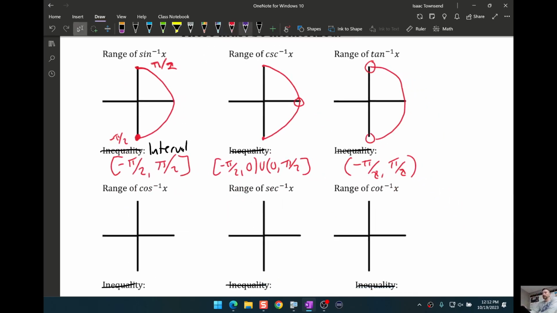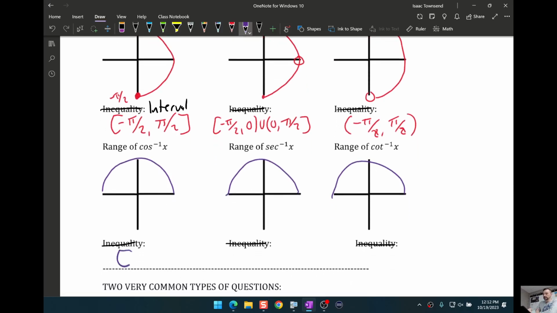Along that same pattern, you can do the same thing with these 3. All 3 of these use quadrants 1 and 2, but cosine is 0 to pi. His reciprocal is 0 to pi, but there's a hole in the middle, so we have to skip pi over 2.